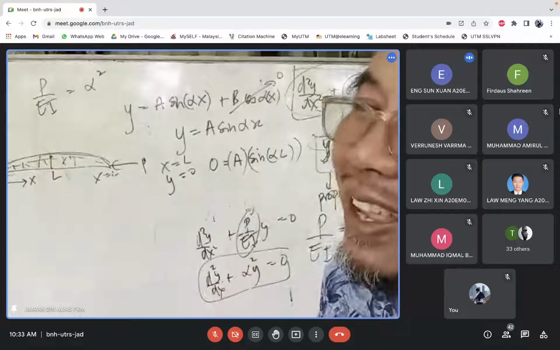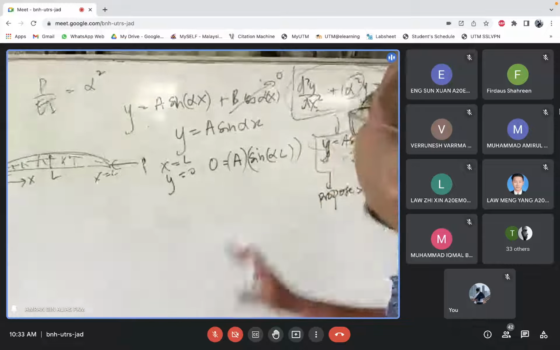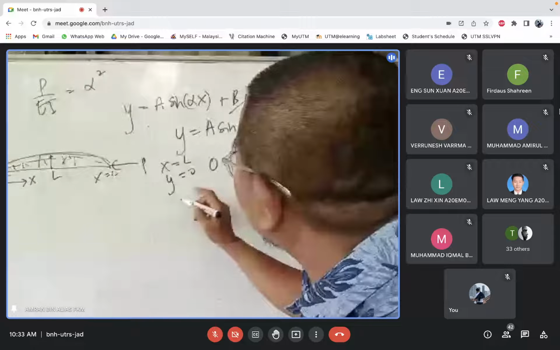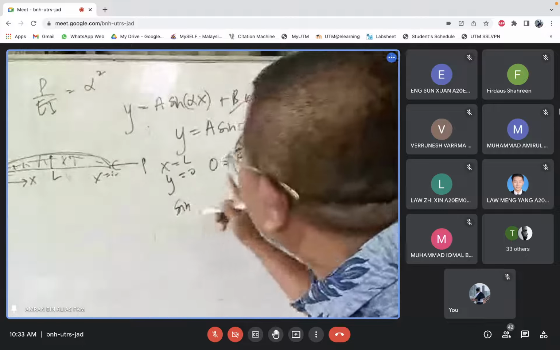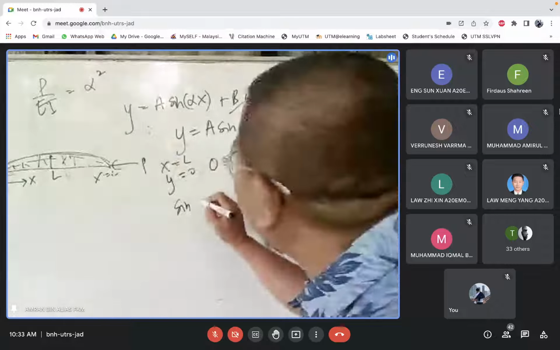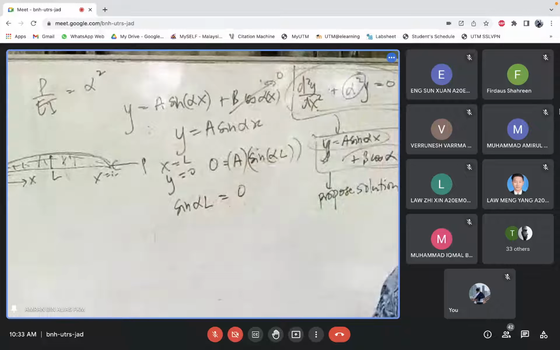Are you with me? Yes. To validate this, sine alpha L must be 0. So to validate this, A cannot be 0. If the A is 0, there's no equation there. So sine alpha L must be 0. Are you with me? Yes.